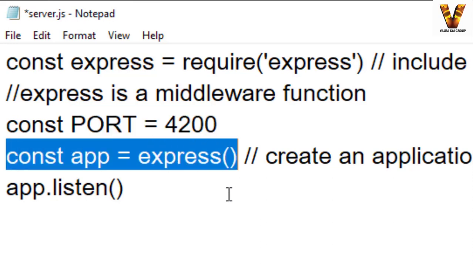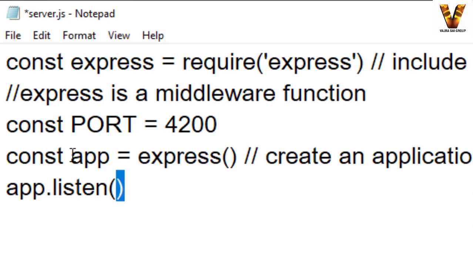Now remember that Express is a middleware function and we'll talk about it at a later stage. And what I'm trying to do is make this application listen to the port number, and also I'm trying to create a callback function.